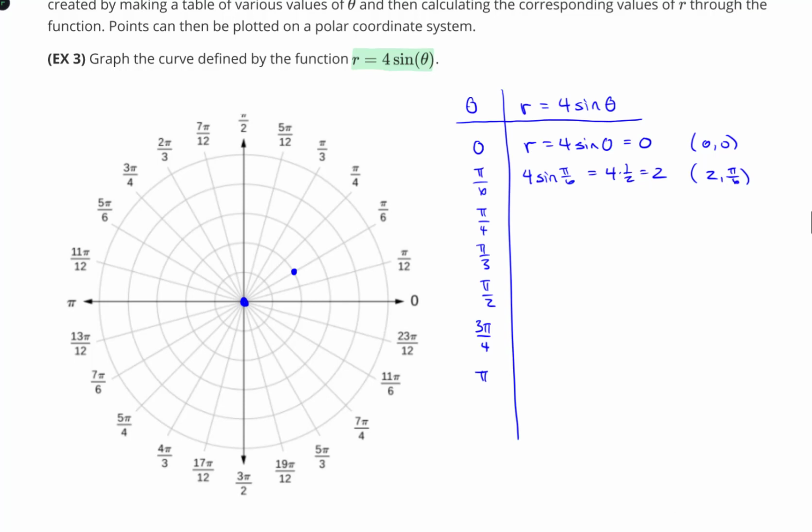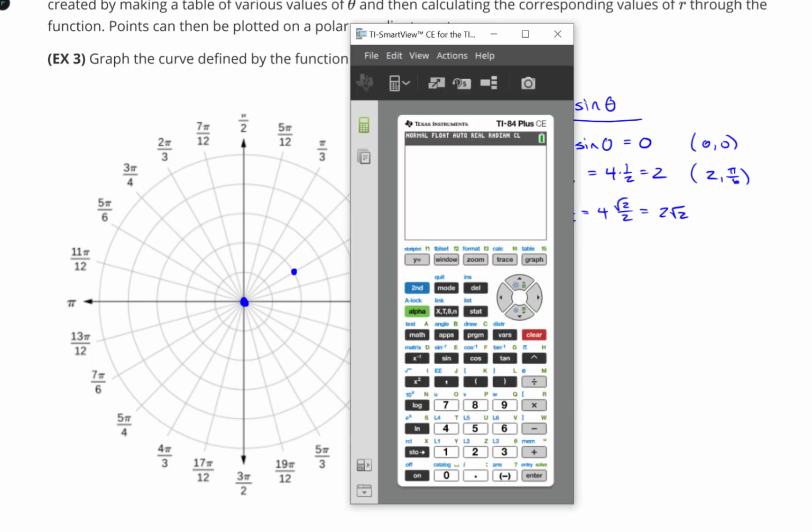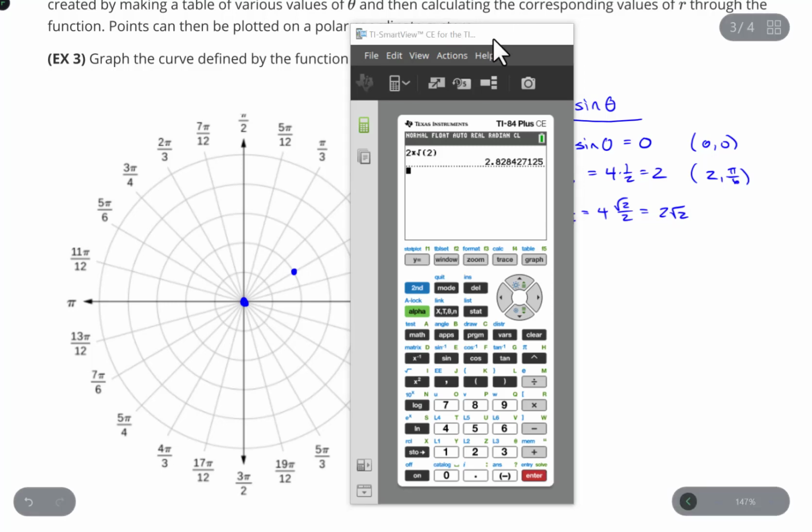Pi over 4, then I would be doing 4 times sine pi over 4. Sine of pi over 4 is the square root of 2 over 2. So this is essentially 2 square root of 2. And if you don't know exactly where to plot 2 square root of 2, you should estimate it on your calculator. So 2.8 approximately.